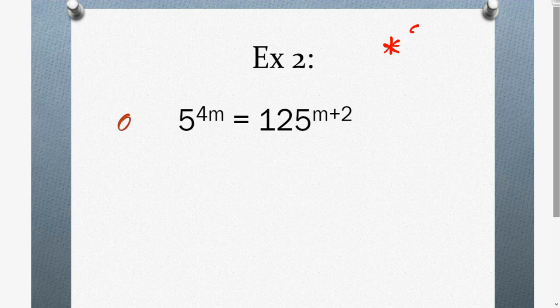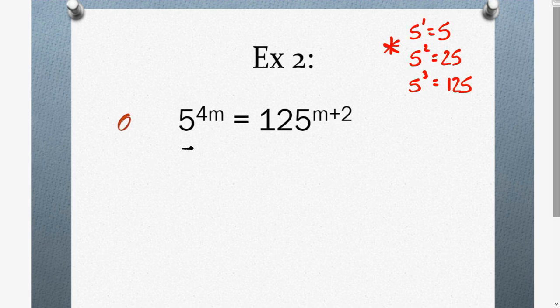5 to the first is 5. 5 squared is 25. And 5 cubed is 125. So if instead of writing 125, I put 5 cubed, then would both sides of the equation have a base of 5?